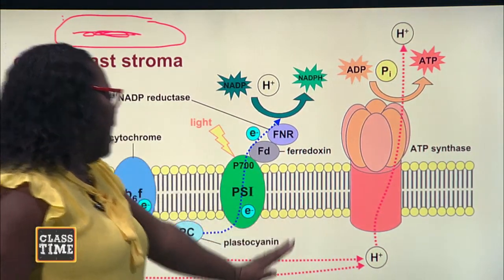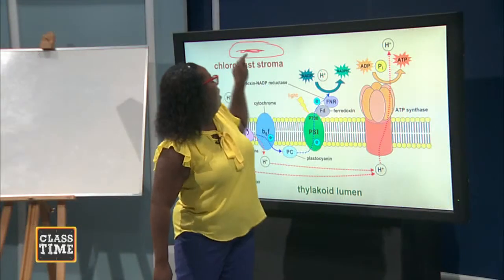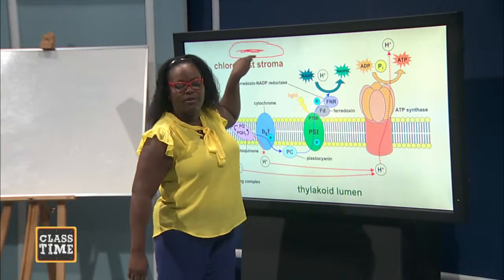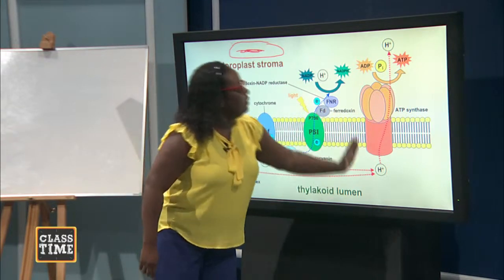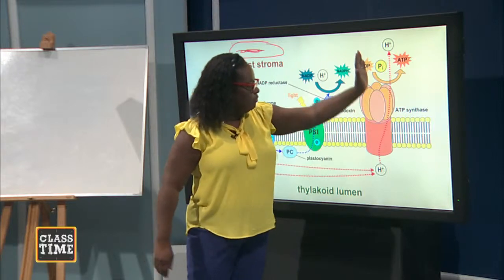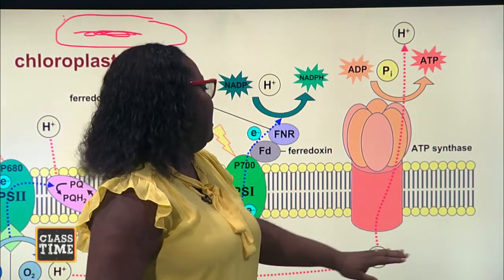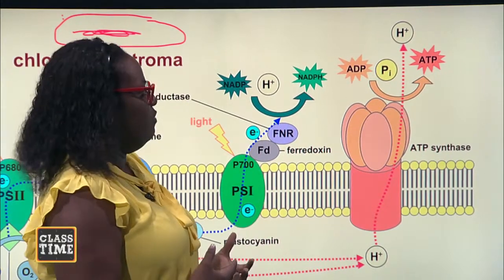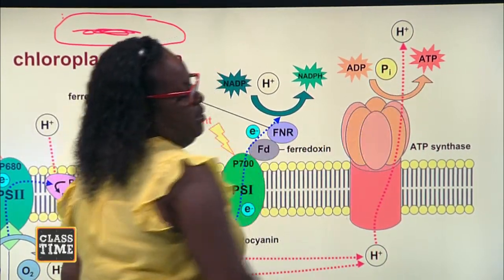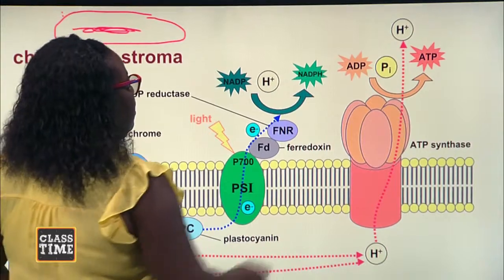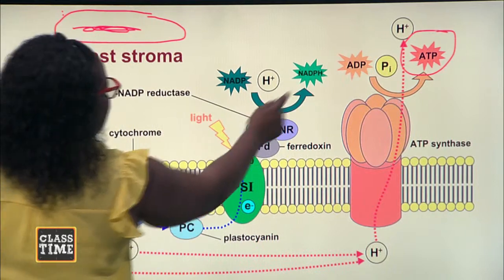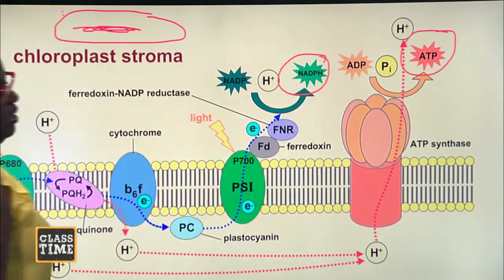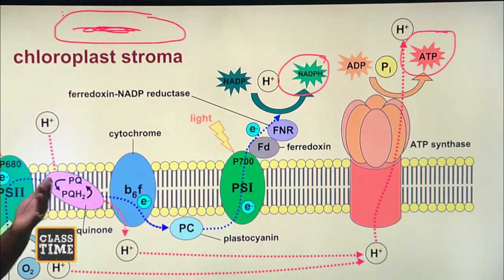As the hydrogen ions make their way outside from the thylakoid lumen, not the stroma, they pass through this protein molecule, and as they do so, energy is given off for the formation of ATP. And if you remember clearly, these are the two important substances that are made by the light-dependent stage of photosynthesis.